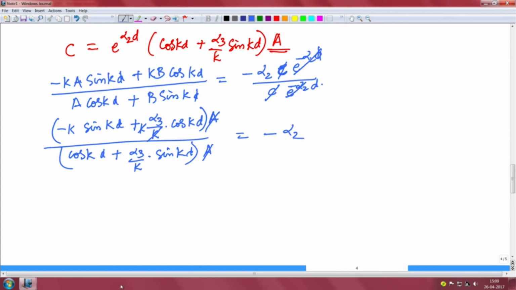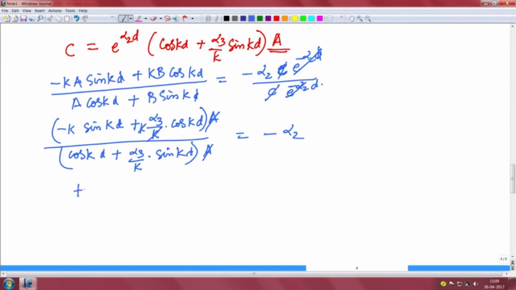I would like to simplify this expression using trigonometric properties. Let me cancel out this sign so that there is a positive sign, and also divide throughout by k so that you have alpha 3 by k, and put it in the form of tans by dividing by cos also.